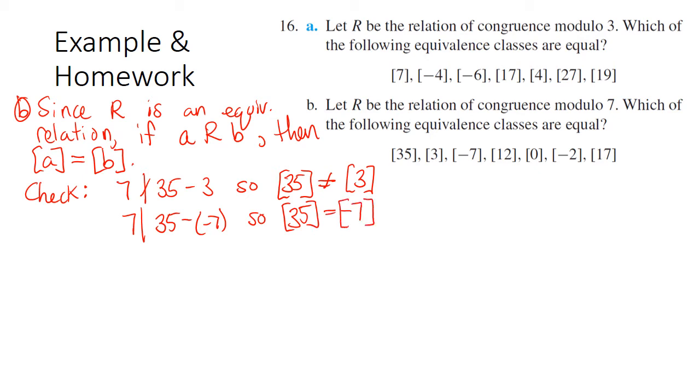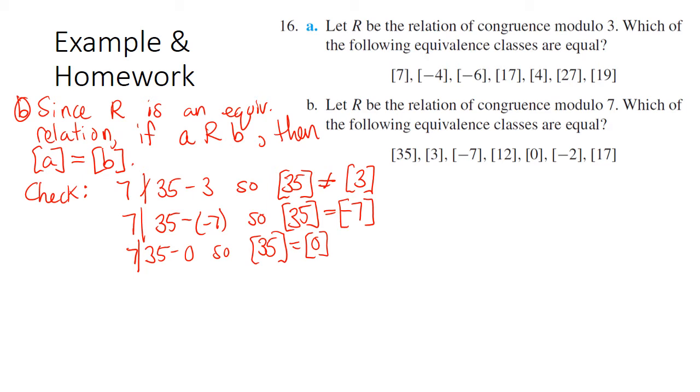Okay, I can check some others. So 35 and, what else would go in 35's? I don't think 12 is going to go. 0, I think 7 will divide 35 minus 0, so that will be the same. And then I think that's the only ones that work for 35. You can check them all one by one, but I think it's not too hard to do some of it in your head.